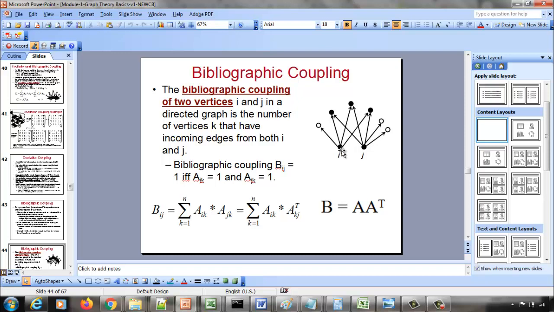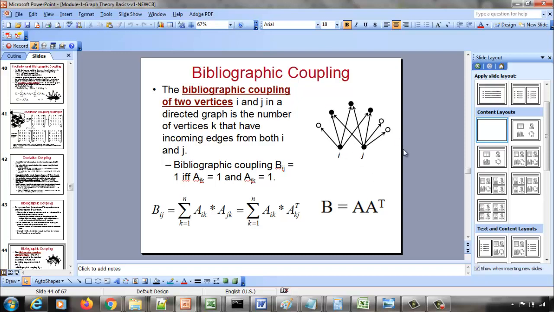The common references should have been published before the latest of the two, I and J, because if I have to cite a paper, that paper should have been published earlier than my paper. Whatever I is citing should be published before I, and whatever J is citing should be published before J.